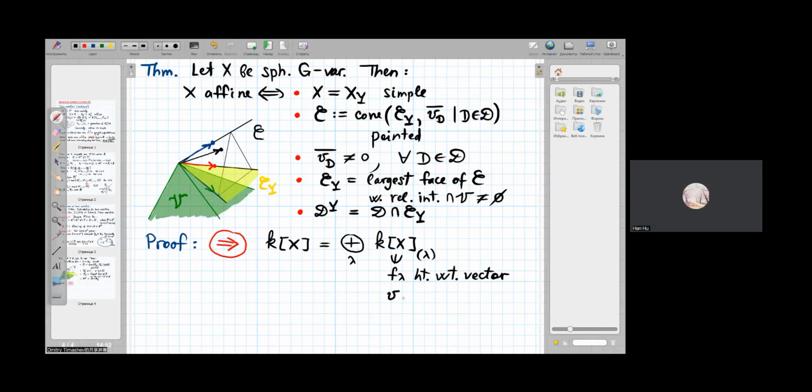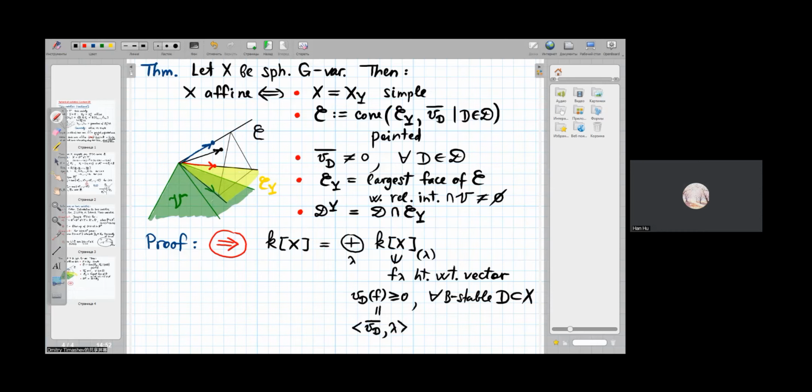So the condition is that v_D of f is non-negative for any B-stable prime divisor D in X. But this vanishing order is exactly the pairing of the vector v_D bar, the vector corresponding to the valuation associated with the divisor D, and the eigenweight λ.